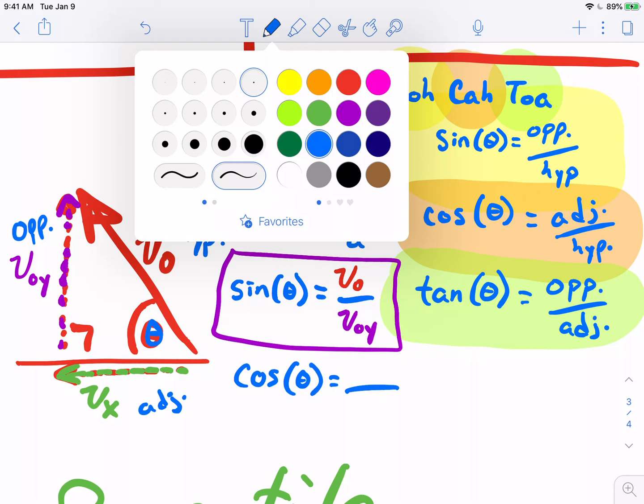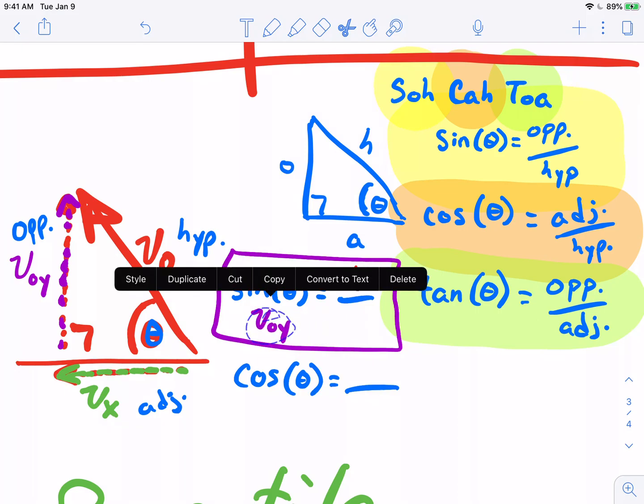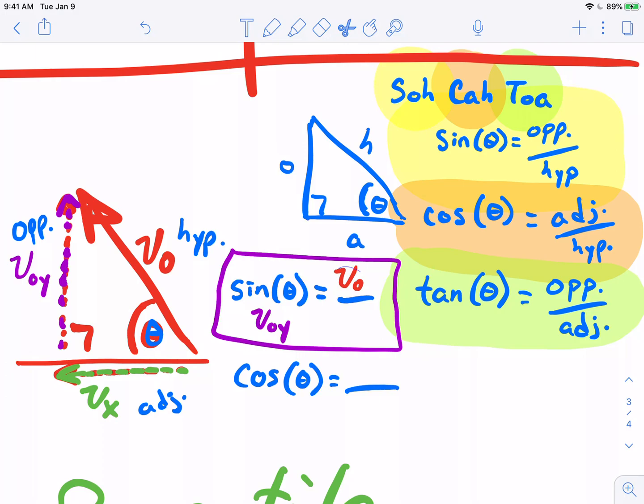Oh, whoops, I drew my sine wrong. Hopefully you caught that. What did I do? I flipped it. It's opposite over hypotenuse.